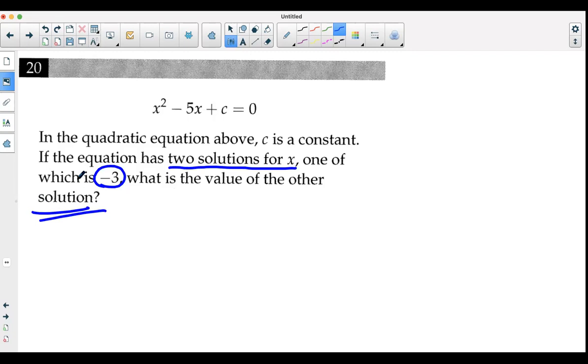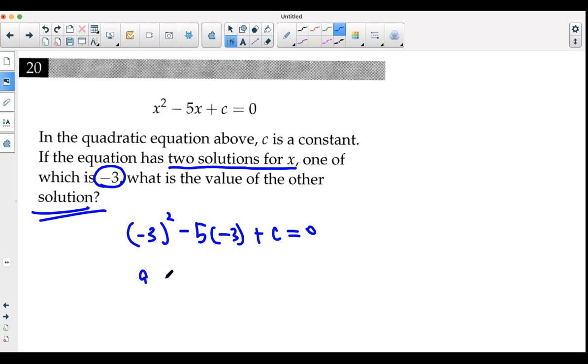For this particular question, one way is this. You want me to find C? Okay, I'll find C. One of the solutions is negative 3, so I plug in negative 3 in place of x. We get negative 3 squared minus 5 times negative 3 plus C equal to 0.